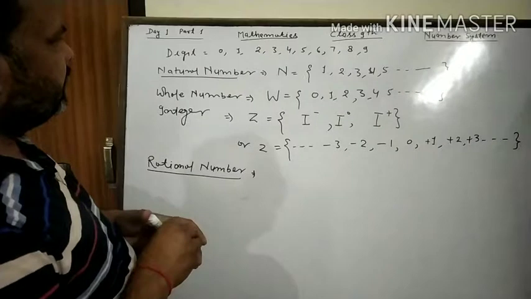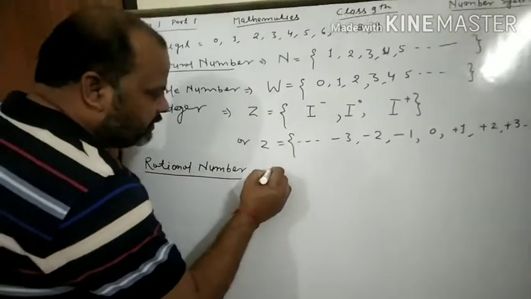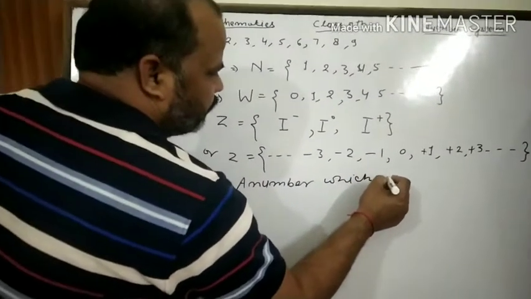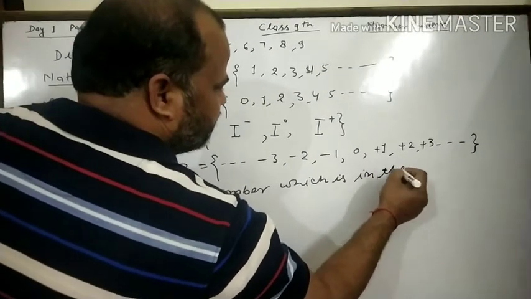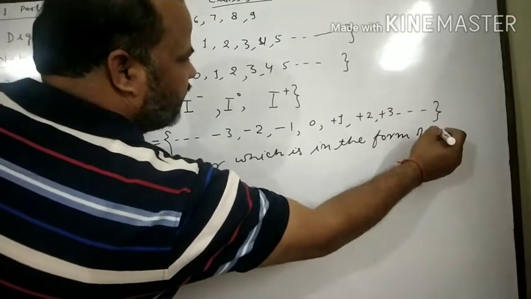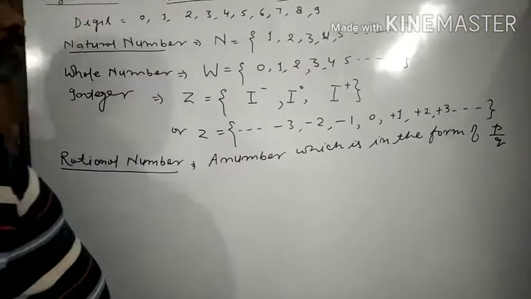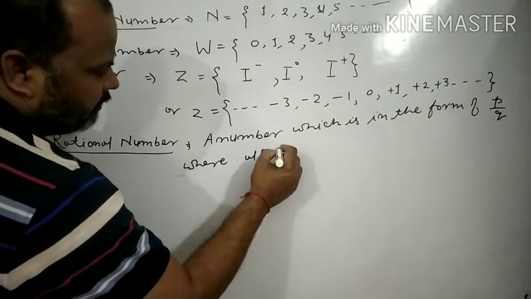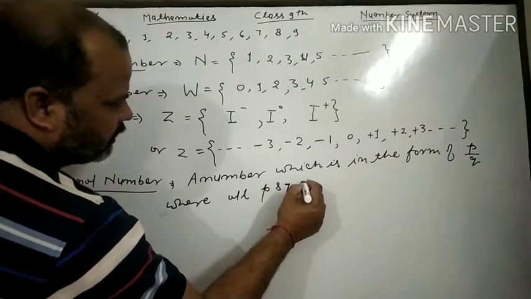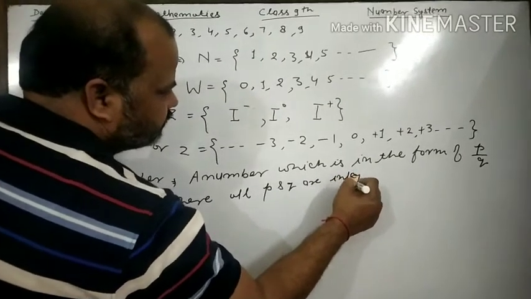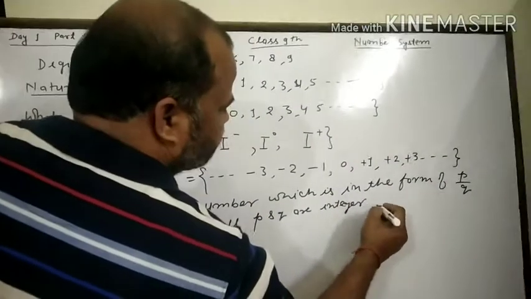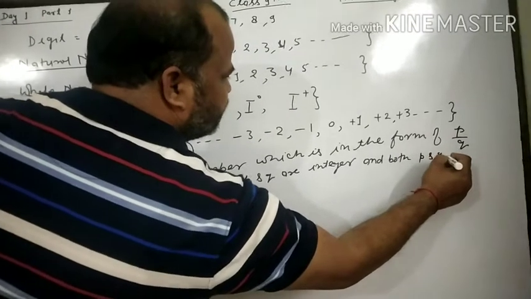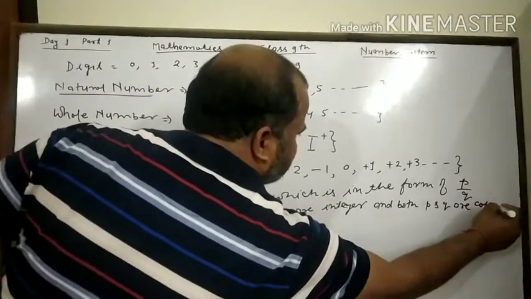In your syllabus, a rational number is a number which is in the form of P upon Q, where P and Q are integers and both P and Q are co-primes.